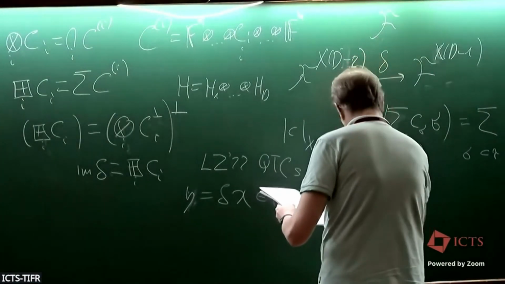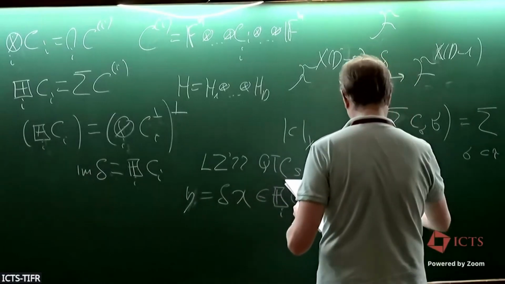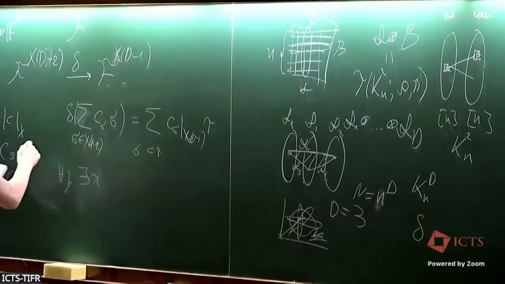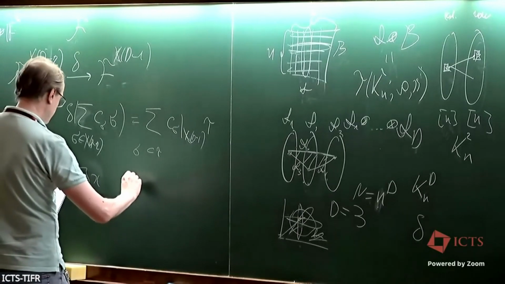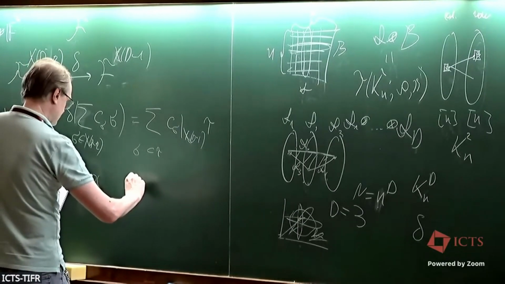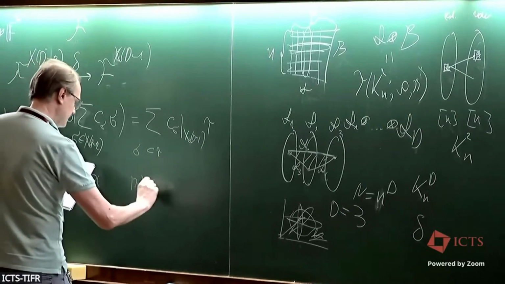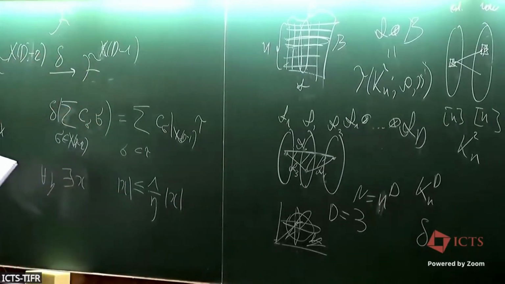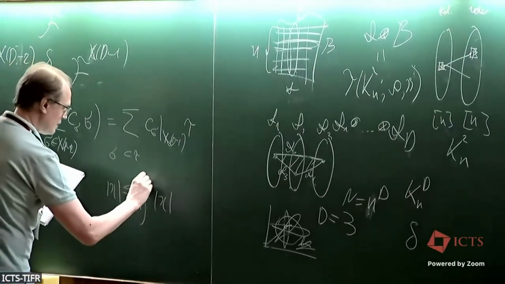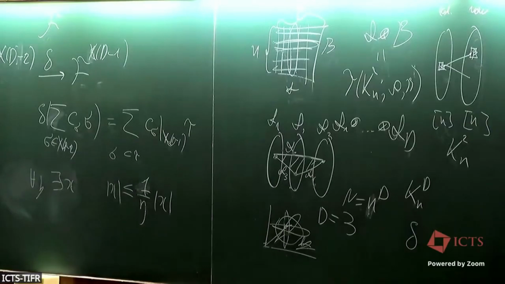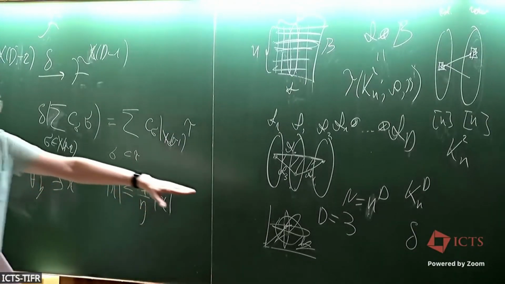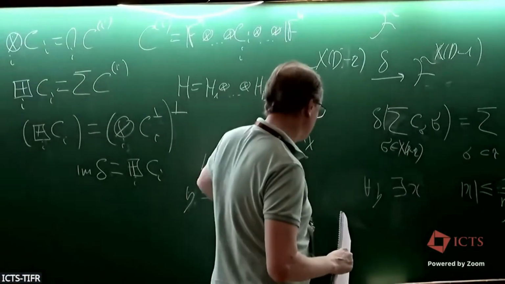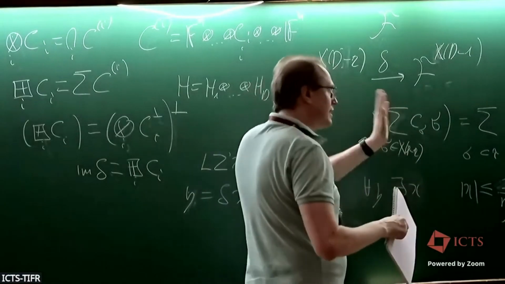So for y there exists x such that, if we have an image, which is just a code word of this sum, we can construct a number of lines.